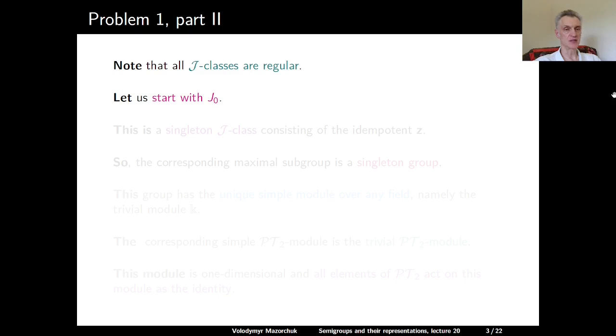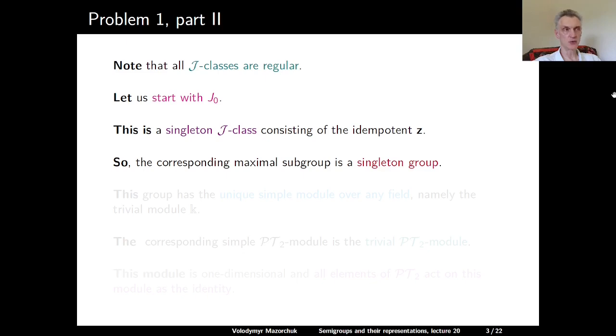So let us start by describing all simple modules with apex J_0. The corresponding J-class, the class of all elements with rank 0, is a singleton and just consists of the idempotent Z. So the maximal subgroup of this idempotent is a singleton group, and this group has a unique simple module over any field, namely the trivial module, the field itself, and the action of all elements on this module is trivial.